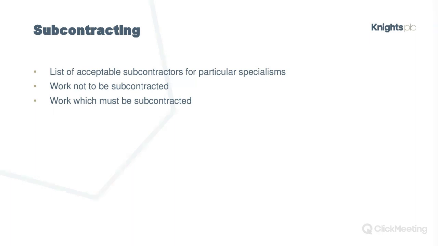Subcontracting, it may have a list of acceptable subcontractors for particular specialisms. That's really, really common. But again, what I'm seeing recently is real problems being caused by those subcontractors, which always feels very unfair as a contractor. Employers pick those subcontractors, they then cause problems.